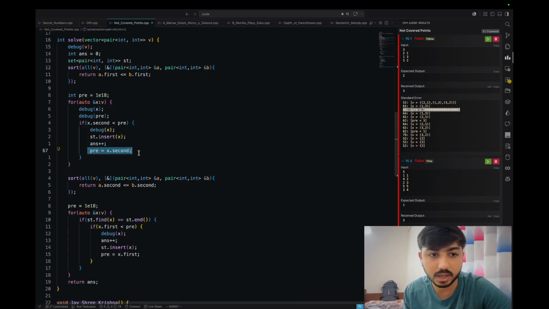Answer plus 1, we have updated this. Now the next point is 2 comma 1. Okay. And previous is this. Previous is 3 and it is 1. Okay. We have inserted 2 comma 1.